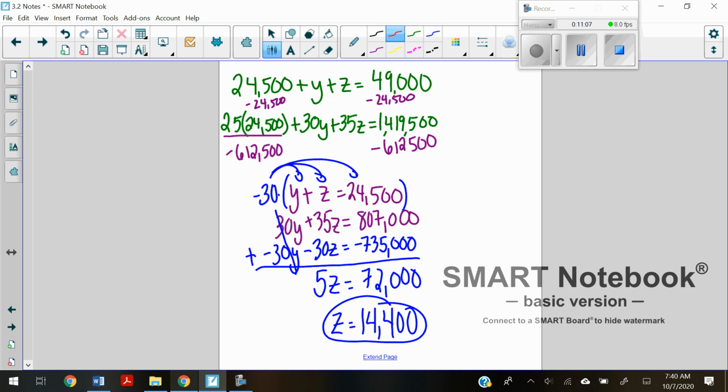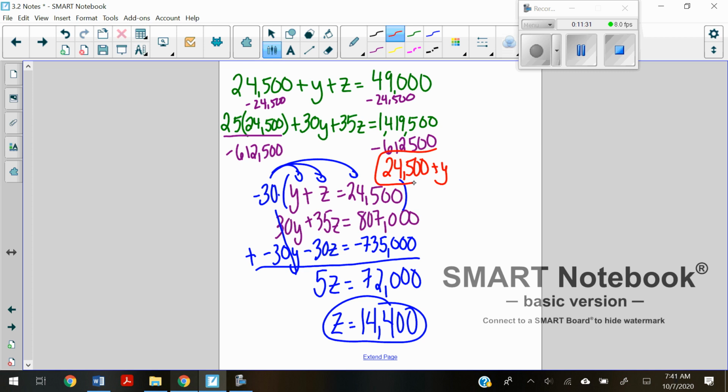Let me grab red. All right, so we plug it back in. 24,500 in for x plus y. Oh, let me slide that over. There we go. Give myself a little more room. Okay, if you run out of room on your note sheet, just grab an extra piece of paper.